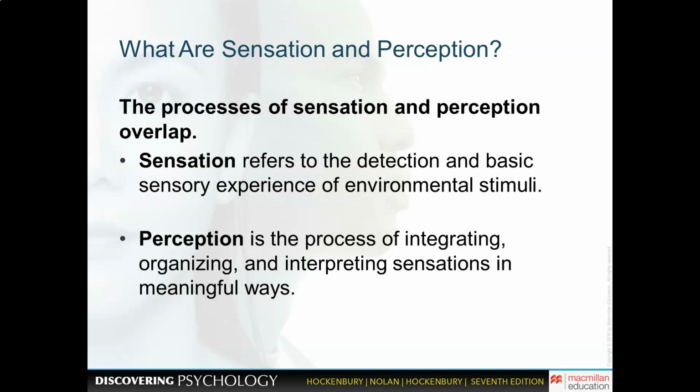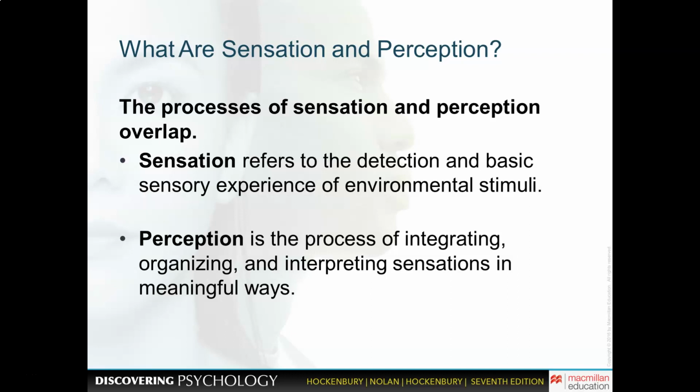Now, perception, on the other hand, is the process of integrating, organizing, and interpreting the sensations in meaningful ways. That's when our brain actually takes in the sensory experience, processes it, and then makes sense of it.